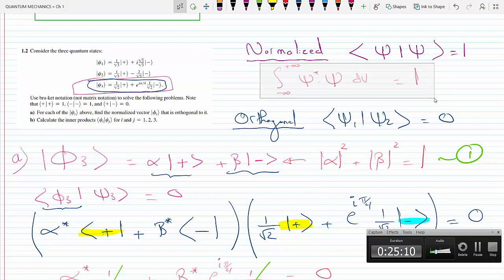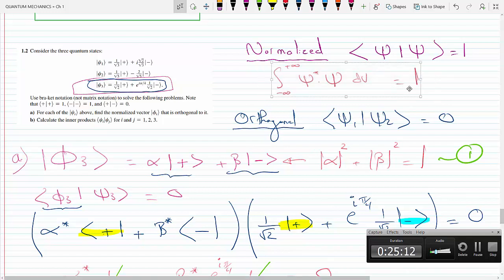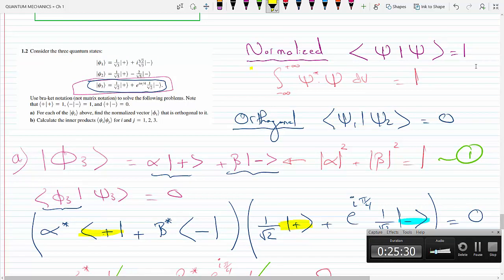The integral of psi conjugate psi dv equals 1. This is the same thing as this. It's just a more convenient notation, so they don't have to keep writing integrals and dv, and then the algebra gets tedious. These two statements mean the same thing.